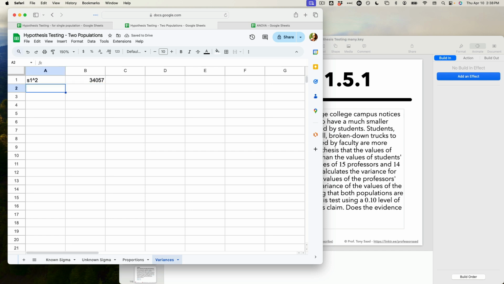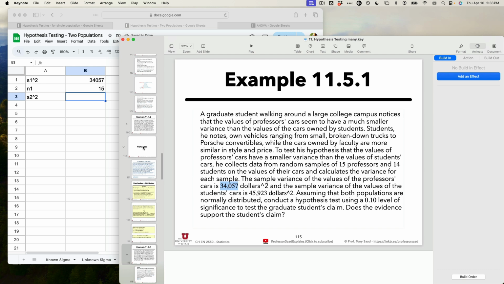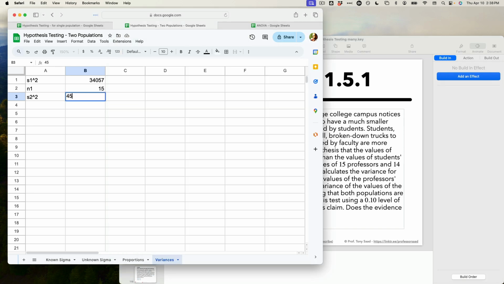And sample size 1 was 15 professors, because we said population 1 is professors. For population 2, we have S2 squared, and that's going to be 45,923. And N2 was 14 students, right? N2 is equal to 14 students. Okay? Our significance level is 0.01.